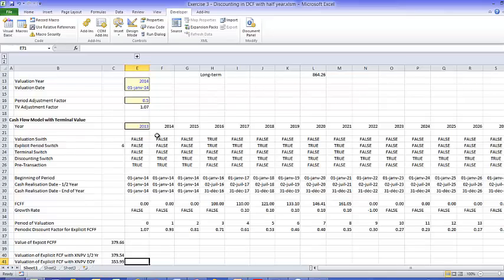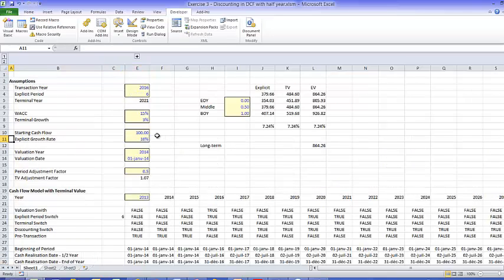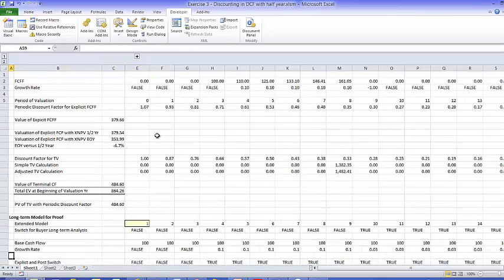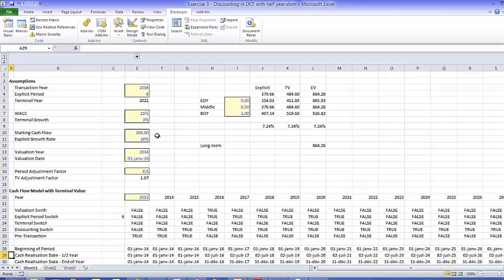Cell. Okay. Now I think I'm going to try something a little new this time. The whole point of this exercise, why don't I make a little comment?